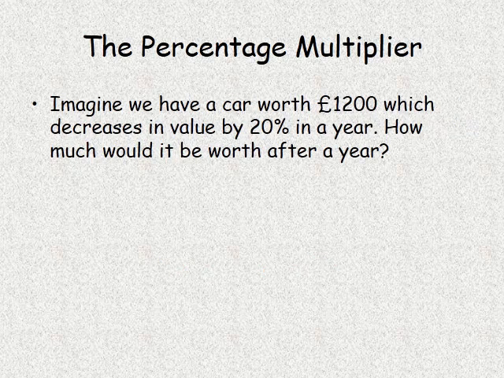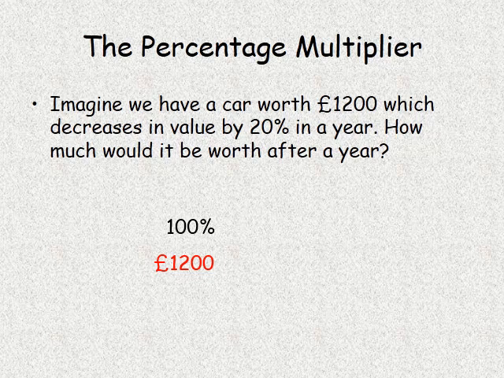Imagine we have a car worth £1,200, which decreases in value by 20%, as cars do decrease. How much would it be worth after 1 year? So the key word there is decreases, so obviously the value is going to go down. So it's worth 1,200, and that of course is 100%.